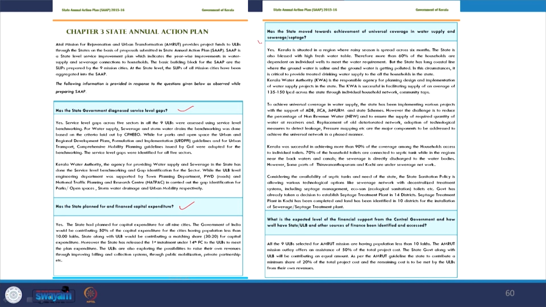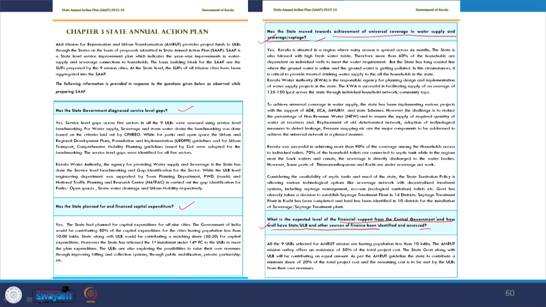Has the state moved towards achievement of universal coverage in water supply and sewerage and septage, as this is the major thrust of this mission? What is the expected level of financial support from the central government, and how well have state ULBs and other sources of finance been identified and assessed?